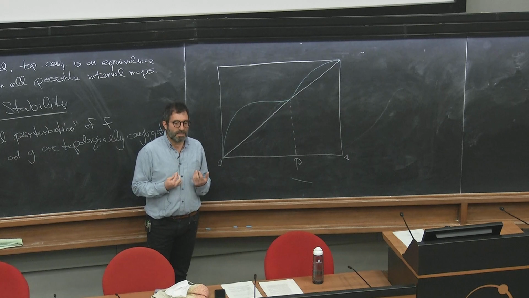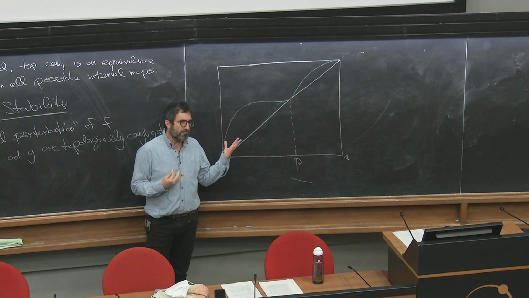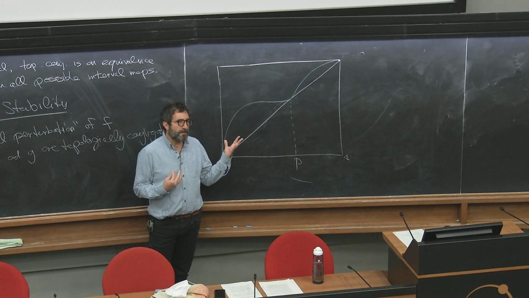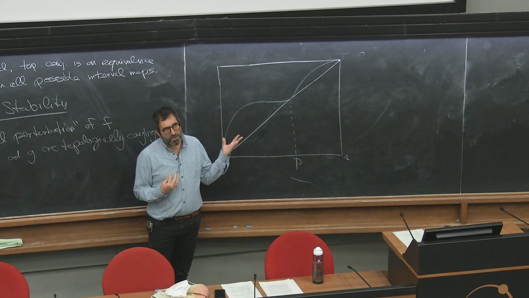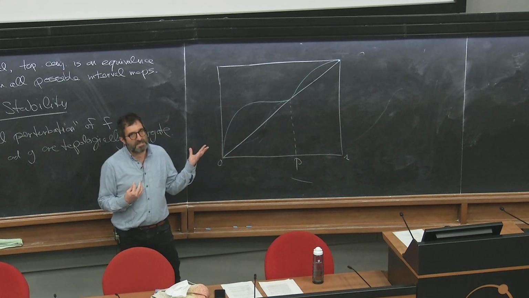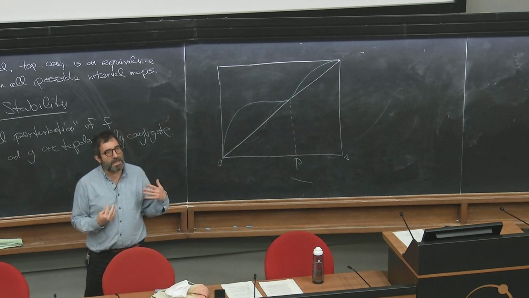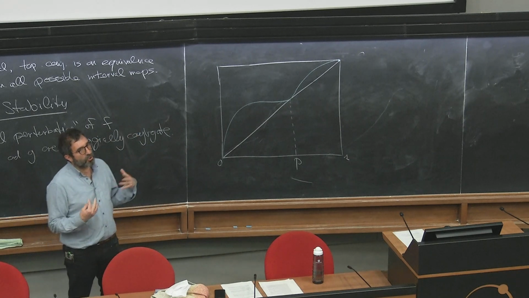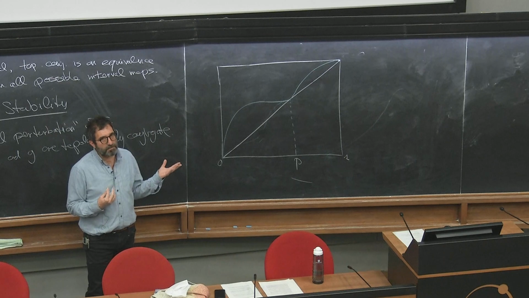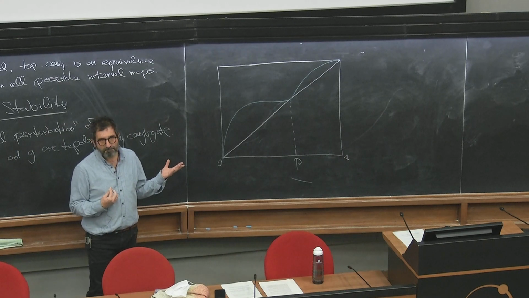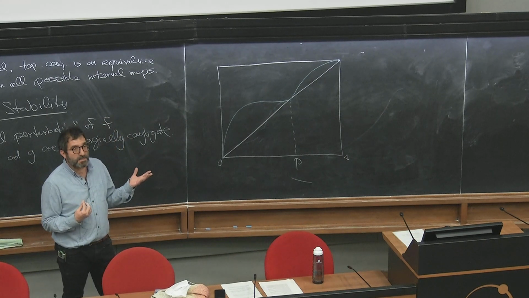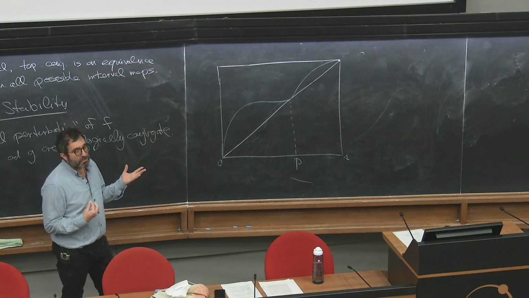How would you describe, how would you kind of convince yourself that a small perturbation of this is not necessarily in the same topological conjugacy class to this map? Anyone suggest what kind of perturbation we can make?